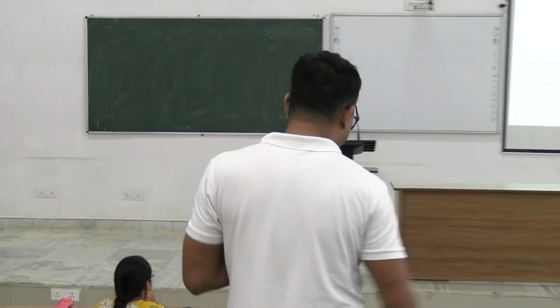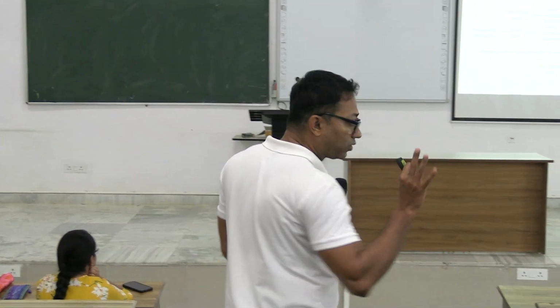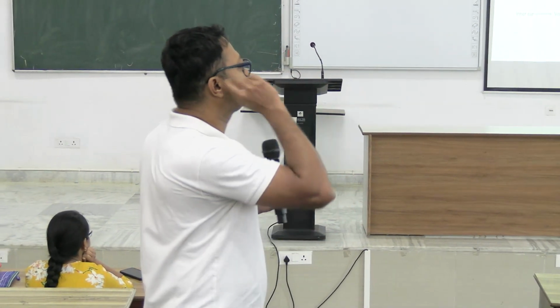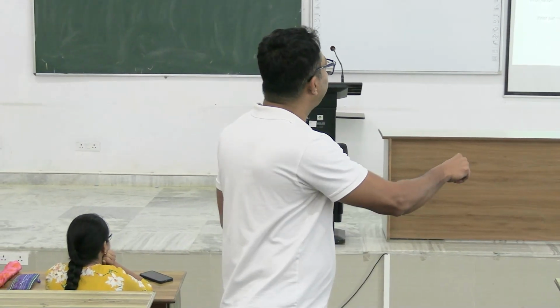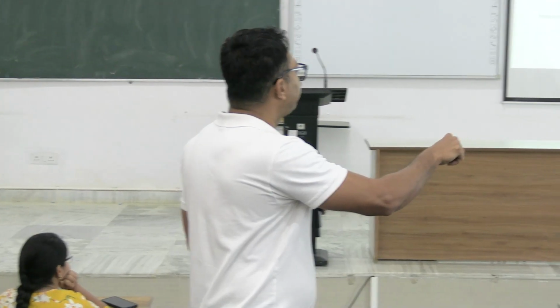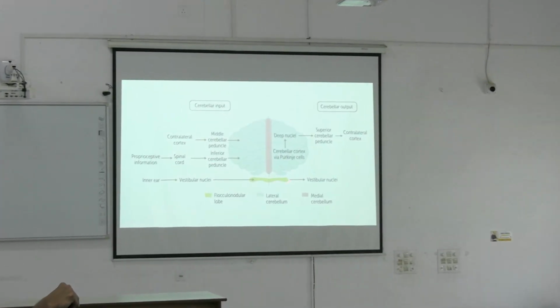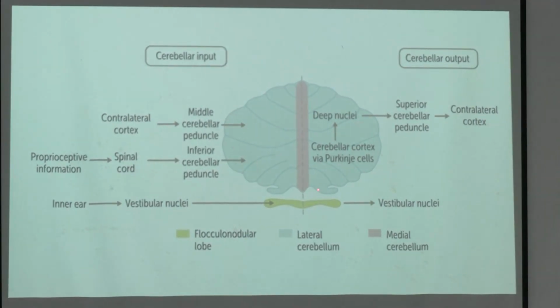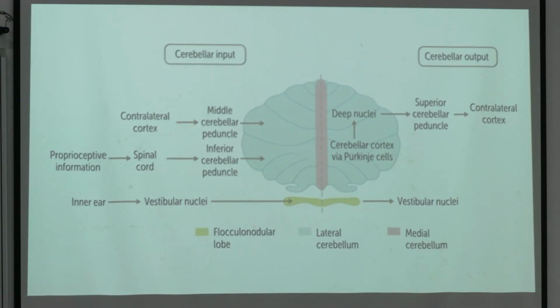And from the inner ear, the vestibulocochlear nerve sends fibers to the vestibular nuclei, and from the vestibular nuclei information goes to the cerebellum, the flocculonodular lobe. And from this it comes back again to the vestibular nuclei. So this is the input and output of cerebellum in the easiest way.